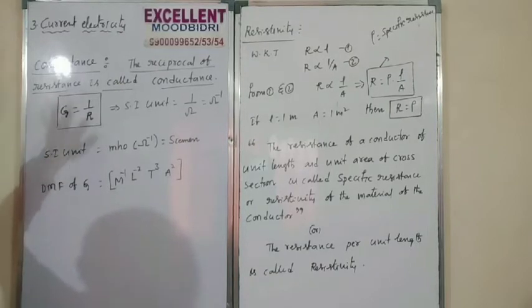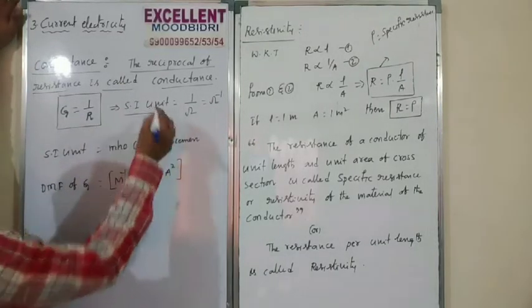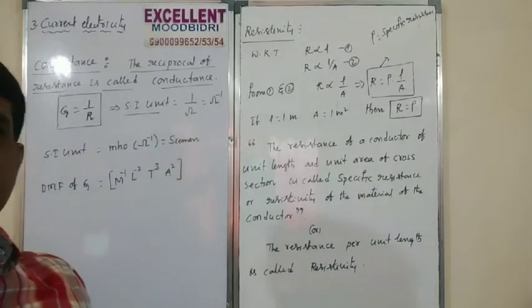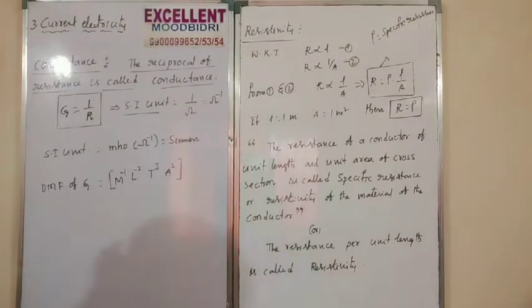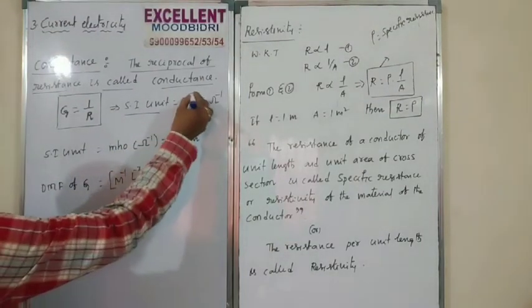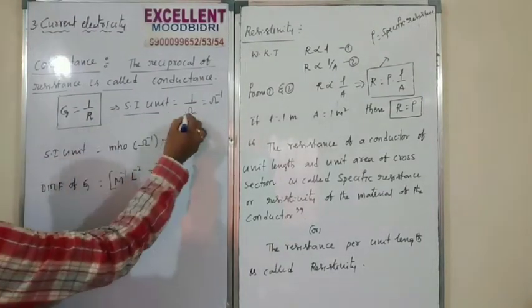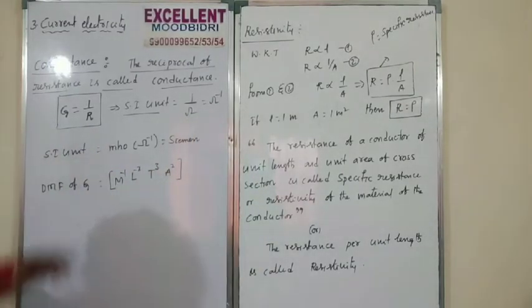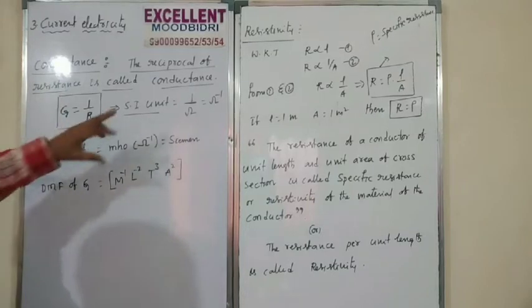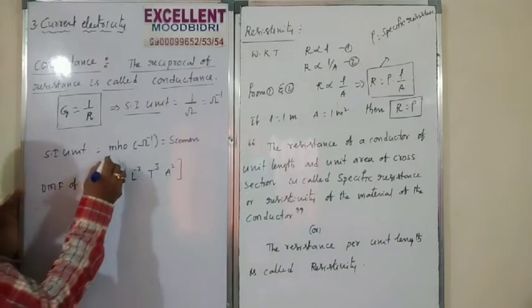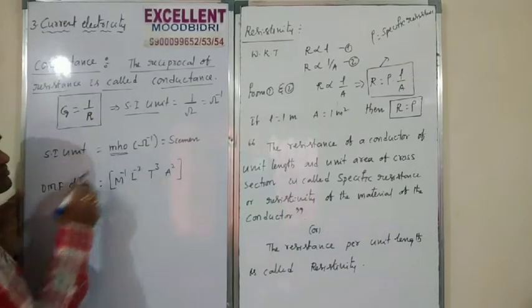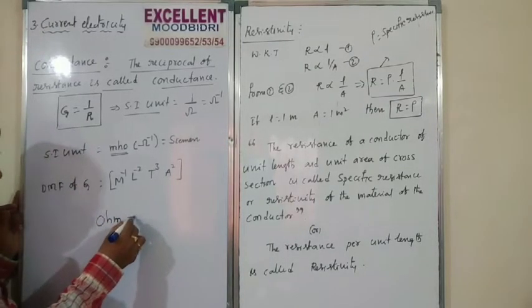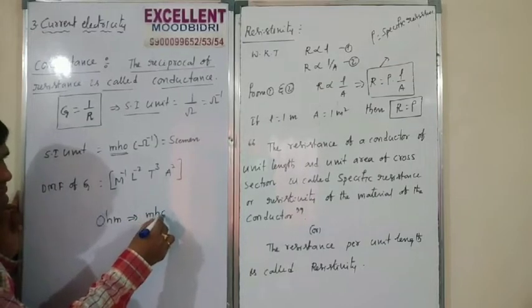What is the SI unit? The SI unit is 1 by ohm, that is, ohm inverse. Ohm inverse is the SI unit of G. We can call it reverse ohm, which is mho.